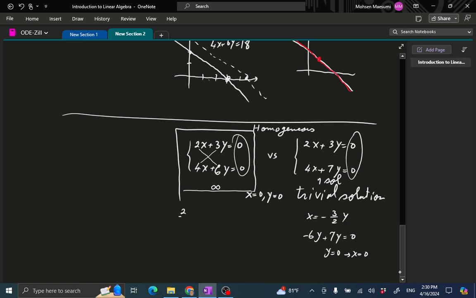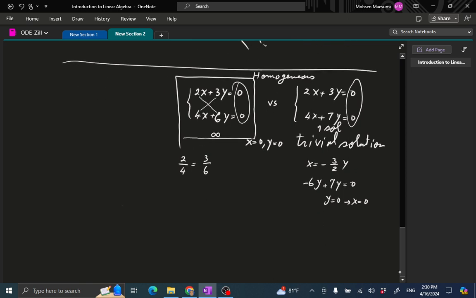So the fact that they are proportional is that 2/4 is equal to 3/6. How would you have checked fractions back in middle school to compare them? You multiply by the common denominator. So you multiply by 2 times 6 and then 3 times 4.